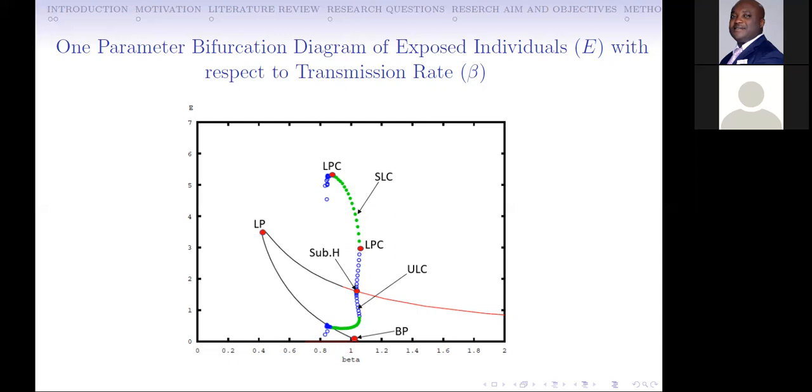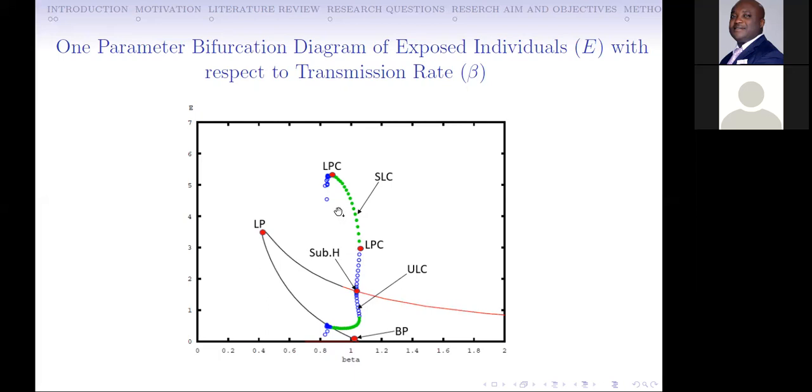We have LP, which corresponds to saddle node bifurcation, and there is BP here, which corresponds to transcritical bifurcation. We also have subcritical Hopf bifurcation, which occurs at around 1.05.